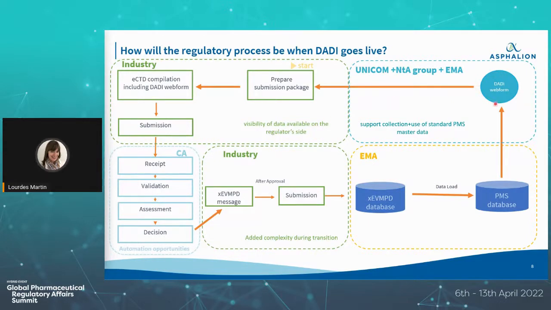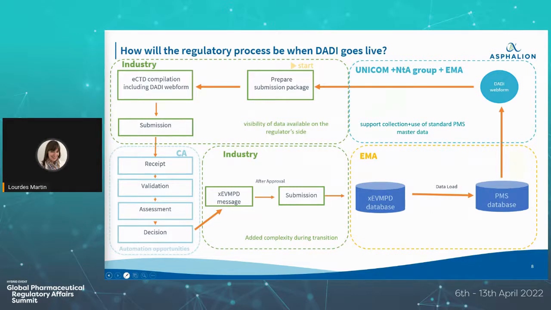We know that the team working on this is supporting the collection and the use of the master data in PMS. We know that the competent authorities now have opportunities to use this master data and promote automation. And of course, a big impact is that industry has added complexity during the transition.